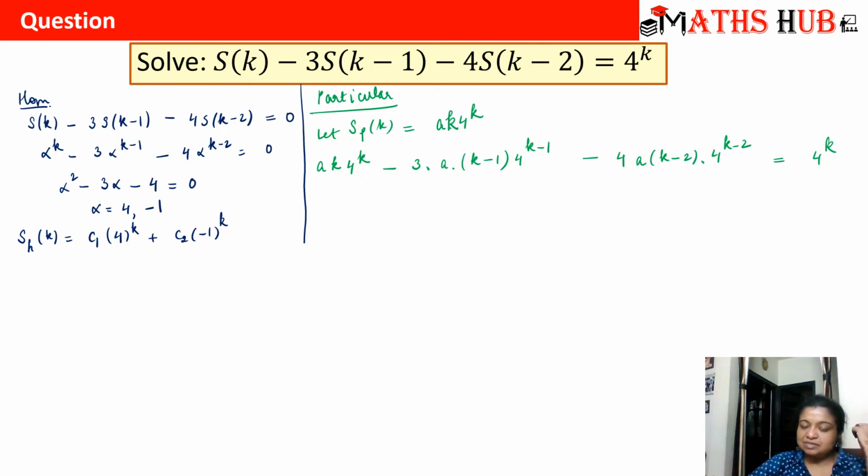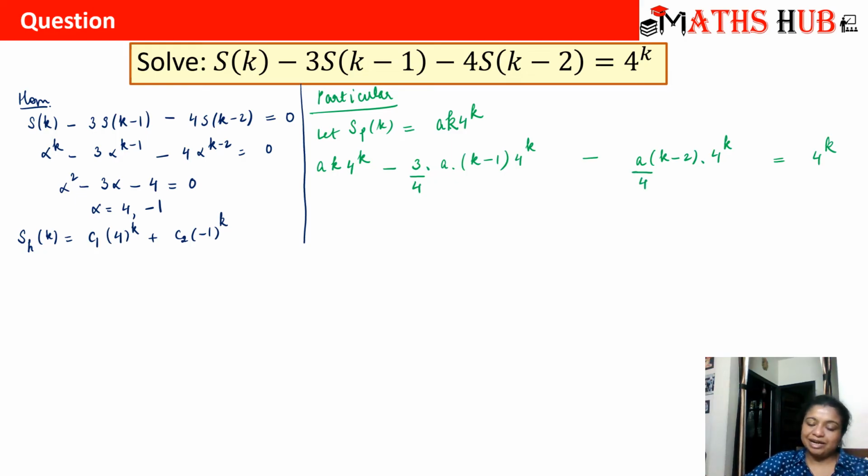So we can split this power 4 to the power k minus 1 into 4 to the power k into 4 to the power minus 1. So this can be rewritten as 3 by 4, and similarly this can be split as 4 to the power k into 4 to the power minus 2. So we can write this term as 4 to the power k by 16. So when we have 16, 4 and 16 will get cancelled and we will get here a by 4.